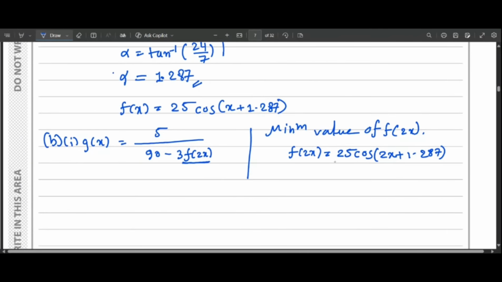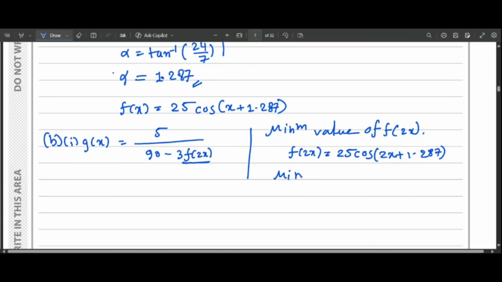We can see that the maximum value will not change because this is not a vertical translation nor a vertical stretching. We are trying to find the minimum value of f(2x). So for the minimum value of f(2x), we can say that the minimum value is minus 25.